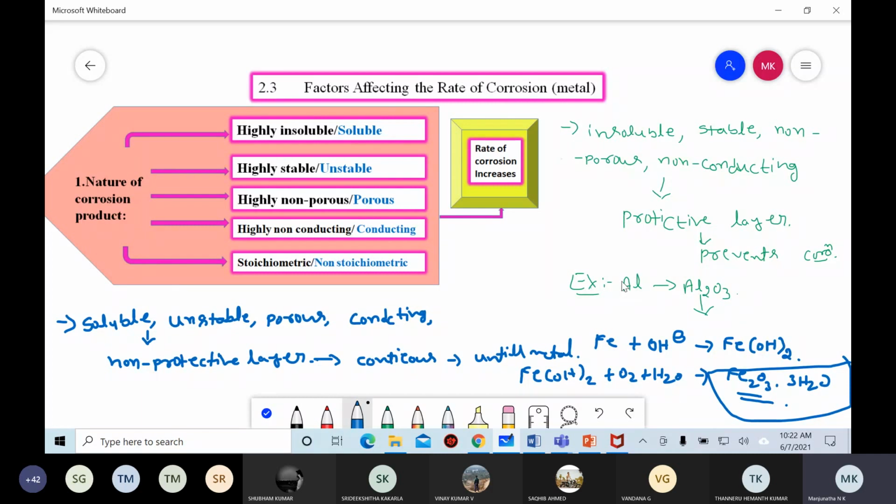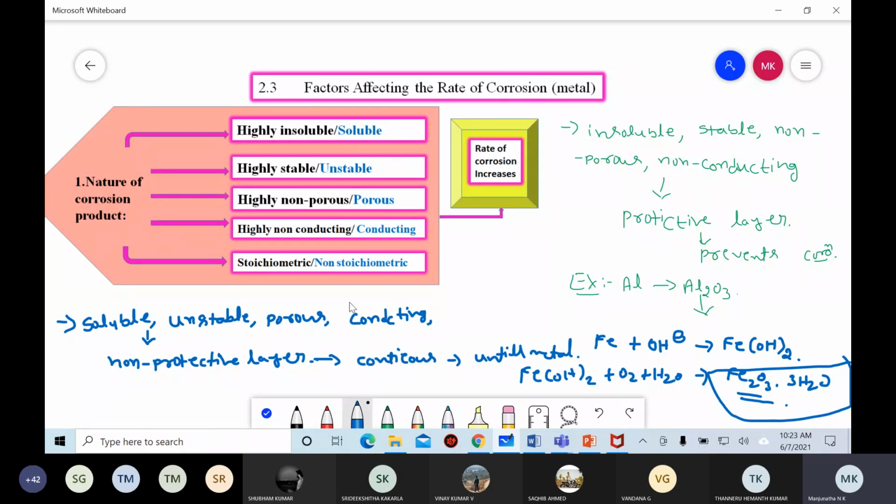For example, take aluminium metal. Once aluminium is exposed to the environment, an aluminium oxide layer forms. This aluminium oxide layer prevents further corrosion because it is insoluble and stable in nature. It cannot undergo further reaction with the environment.